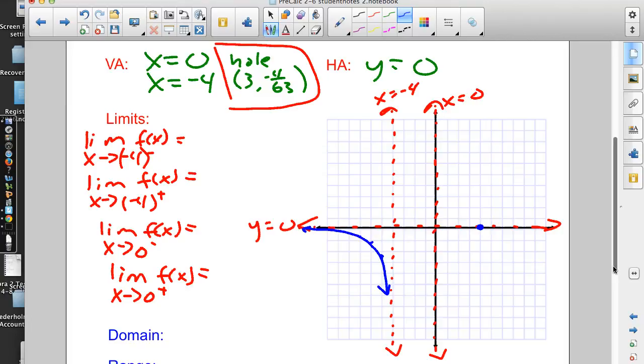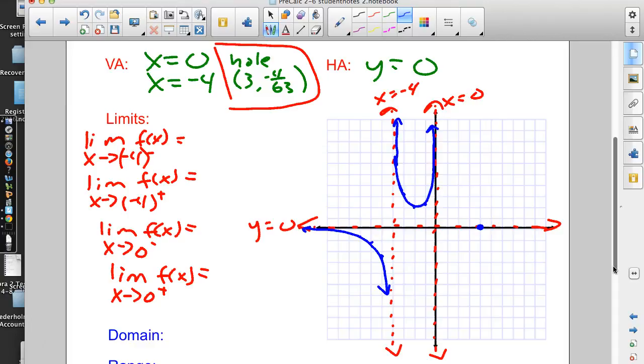Middle portion. -3, 3.11. -2, 2. -1, 2.22. So I want to concern myself with that point. I want to know, is that the lowest point? And that's also going to help me with my extremolator, so I might as well stop and find it right now.